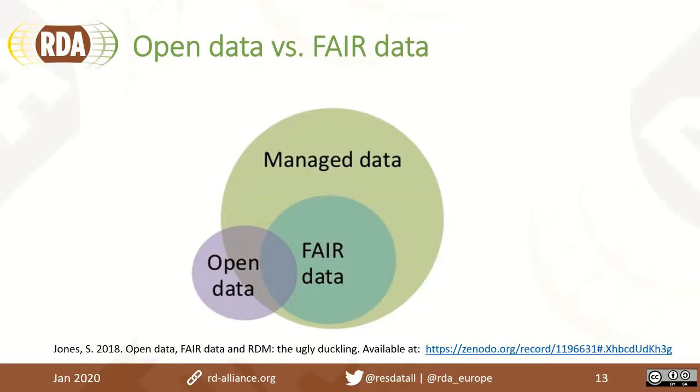And by equipping data with metadata, that's managing data. So fair data is always managed data. When deciding what is more important, open or fair, I think having fair data is more important than having open data, especially if that open data is not managed well.